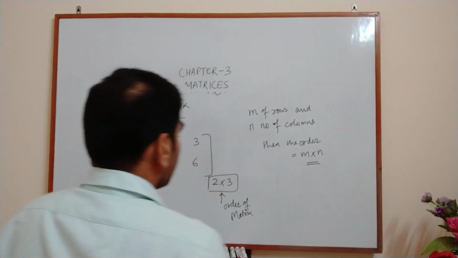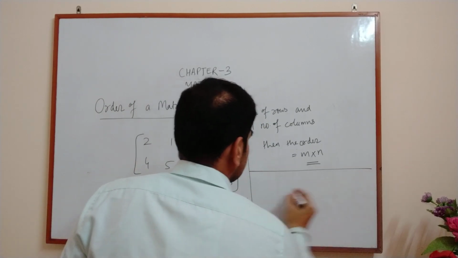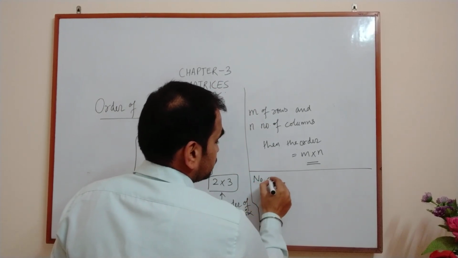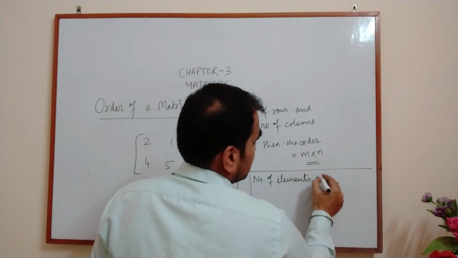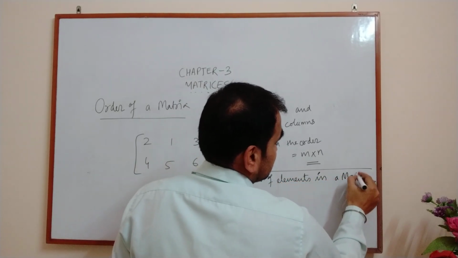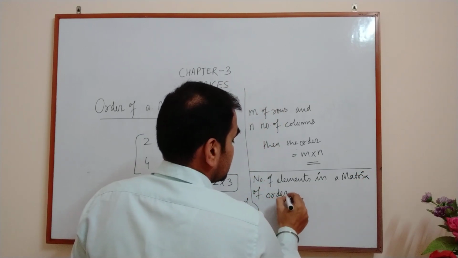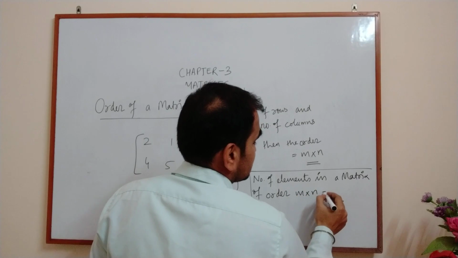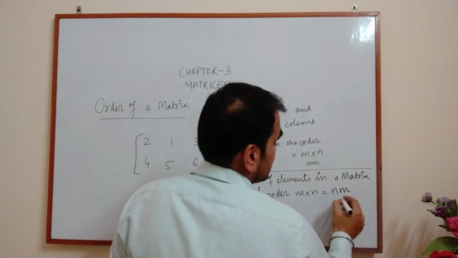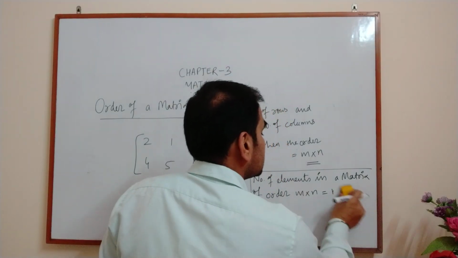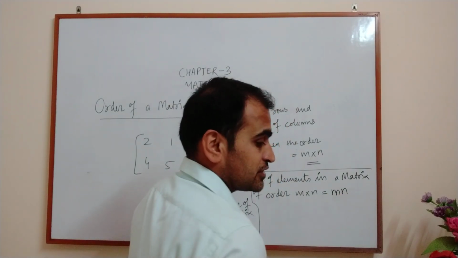Now with the help of this order, we can find the number of elements. The number of elements in a matrix of order m cross n is equal to m multiplied by n, so mn, or you can say nm. It is just the multiplication of these two numbers.